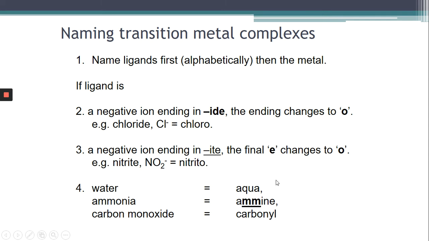Okay, if we had water in, though, watch, the names change slightly. So water would have to go first, but if you look there, it's called aqua. So it would be aqua, chloro, nitrito. Okay, I need to go back to explaining these. If we look, it tells us if our negative ion ends IDE, we change IDE to O, which is where chloro comes from.